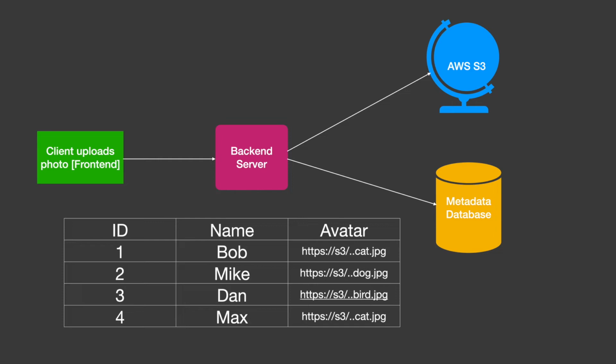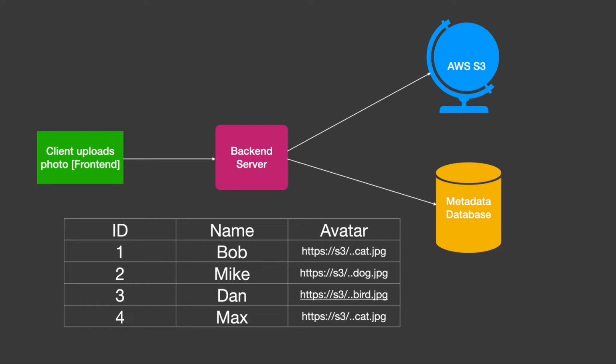So as you scaled up and down, it was becoming very hard for you to use this local file storage. However, AWS S3 is a distributed file storage. So no matter how many servers you have running, you should always be able to access this S3 file, both from your backend and front end.